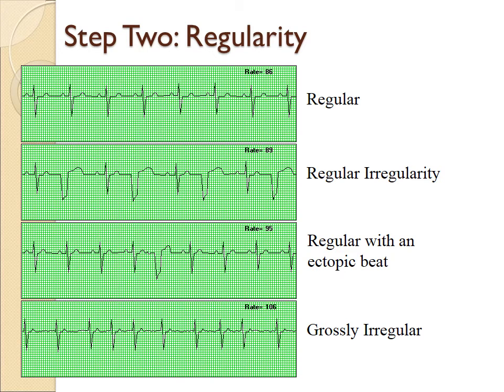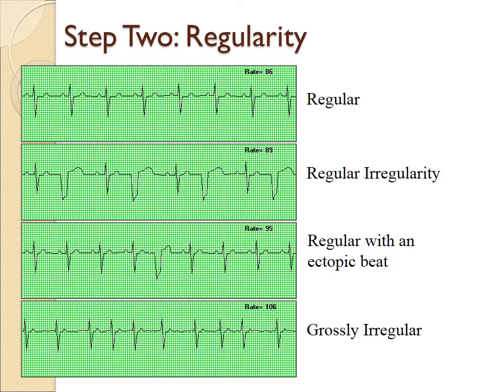The next thing we want to look at is regularity. You'll see here different descriptions of a regular versus regular irregular, and a grossly irregular. The top one is regular. You can see that the QRSs march regularly across the sheet, as do the P waves. On the next one, they still do march out the same, but there's something in between there, and I know that that's PVCs.